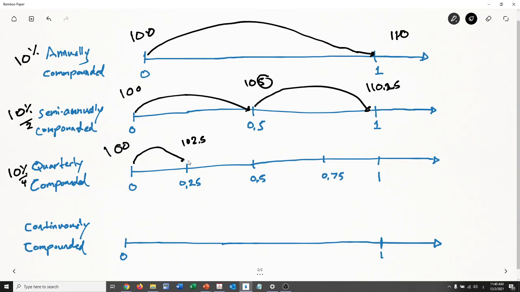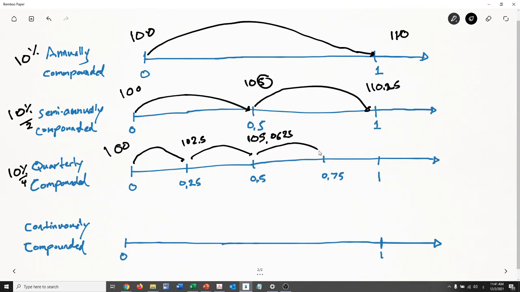Investing 102.5 for 3 months, so in 6 months we will get 105.625.